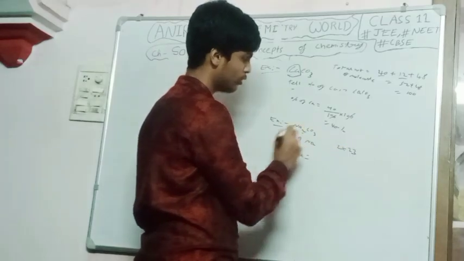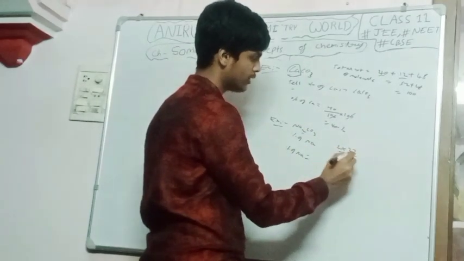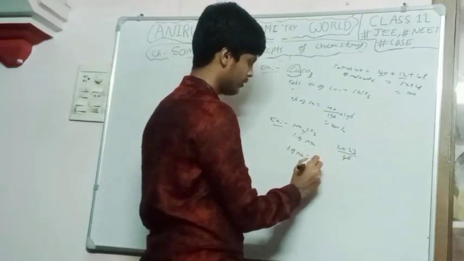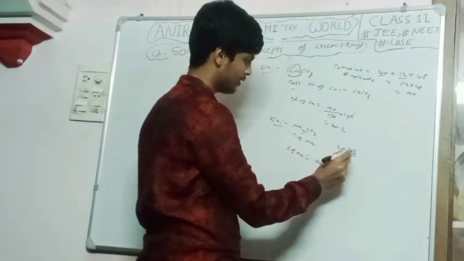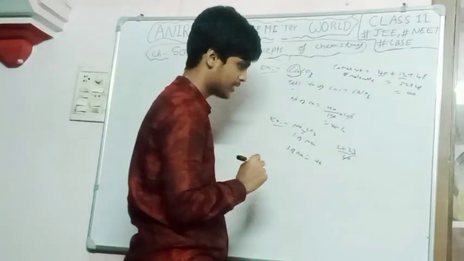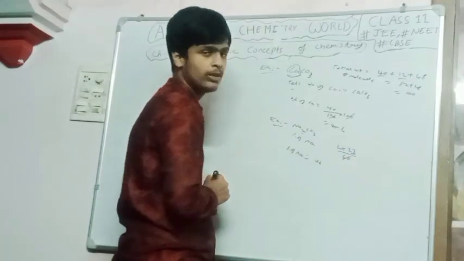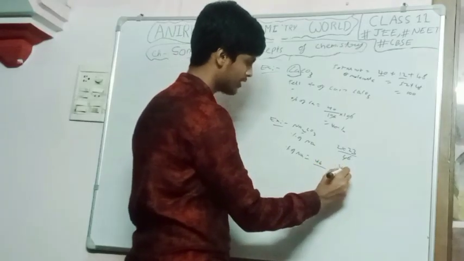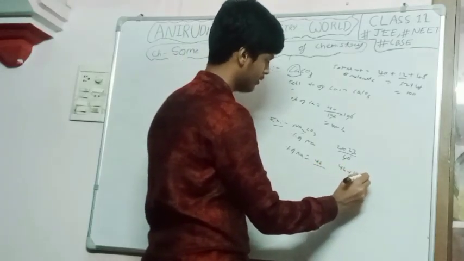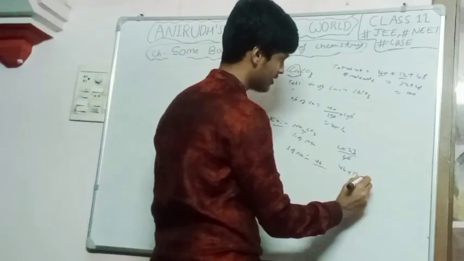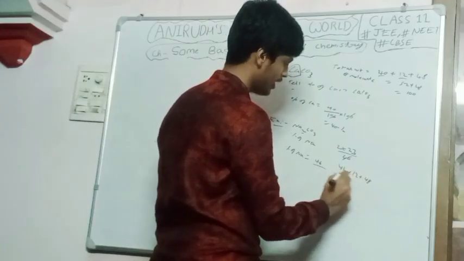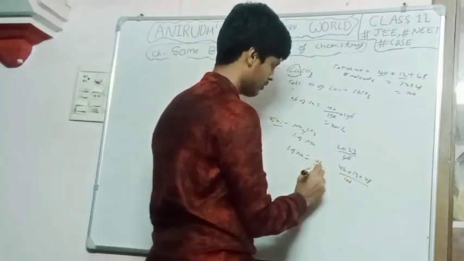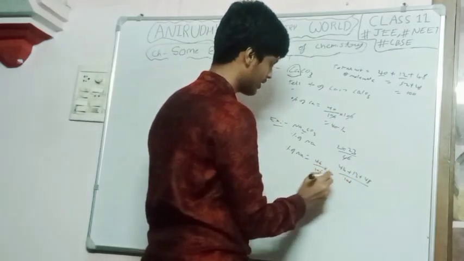Two atoms are there, so 2 into 23 is 46 AMU of sodium. 46 by total weight: 46 plus carbon 12 plus oxygen 3 into 16 is 48. 48 plus 12 is 60, plus 46 is 106. 46 by 106 into 100. You do this calculation.